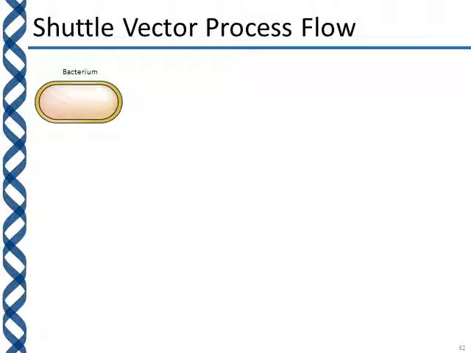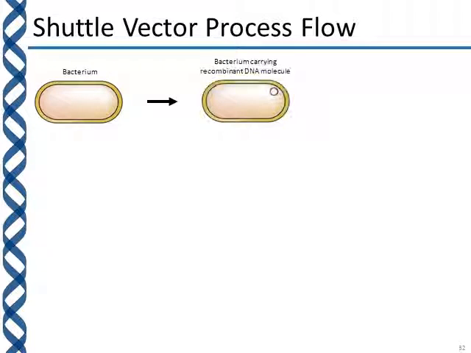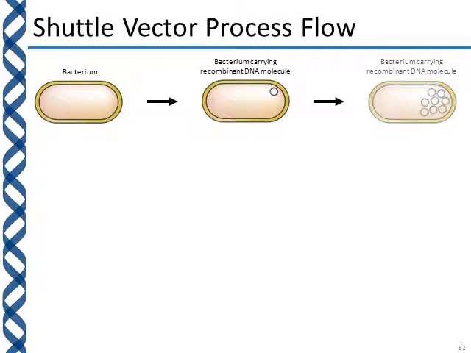So let's show the shuttle vector process flow. You have a bacterium. The bacterium is now carrying a recombinant DNA molecule. And you see replication of the recombinant DNA molecules within the bacterium.